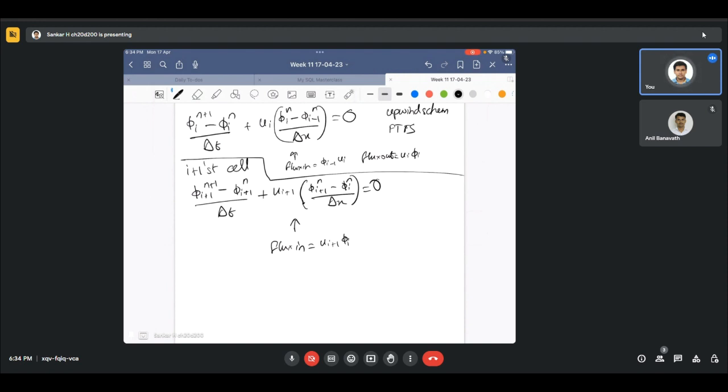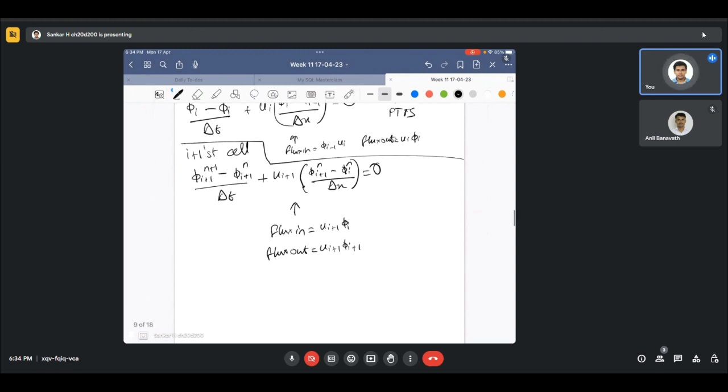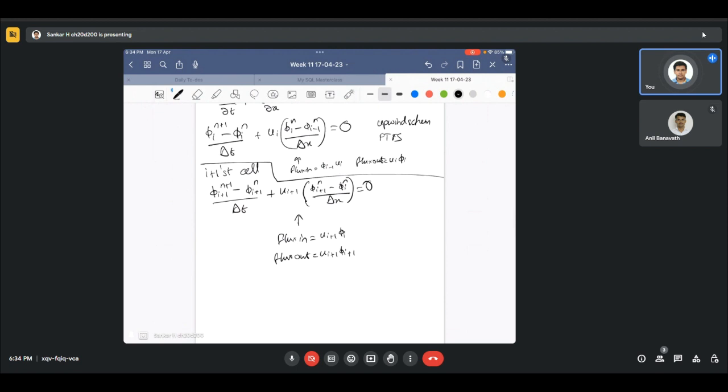Let's assume this is an explicit FTFS scheme, and here the flux out is equal to u_(i+1) φ_(i+1). What is interesting here, if you write the equation in this form, is that the flux out at the ith cell is given by u_i φ_i, whereas the flux in at the (i+1)th cell is equal to u_(i+1) φ_i.